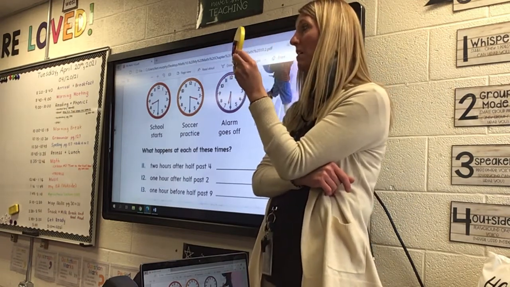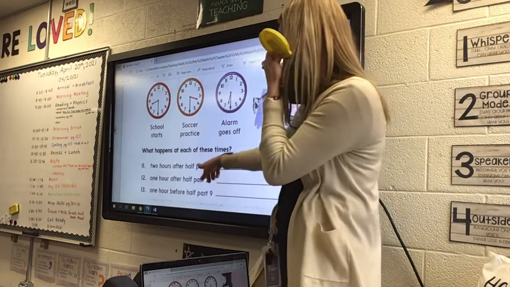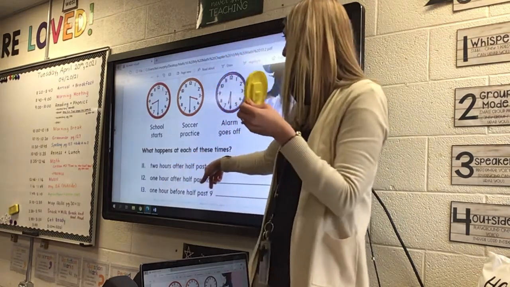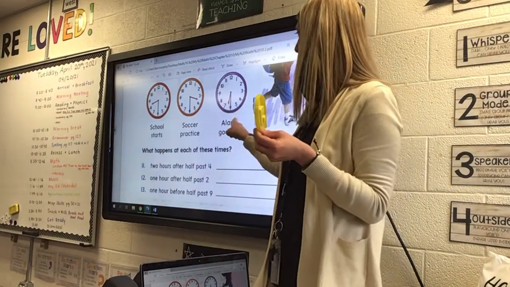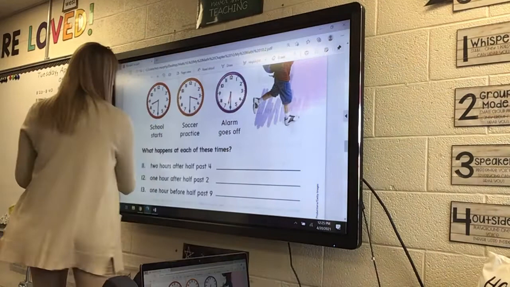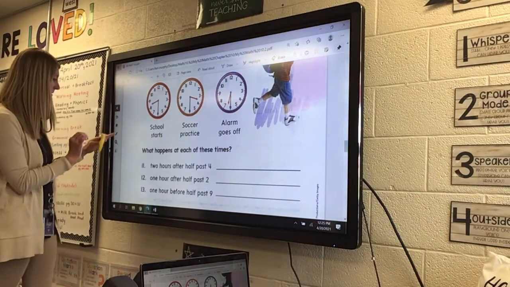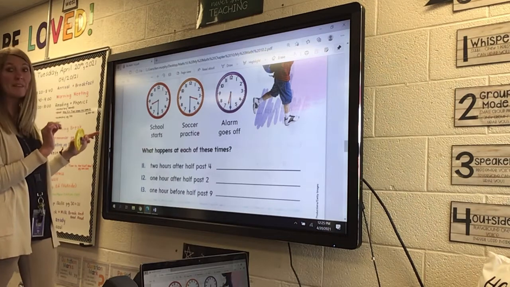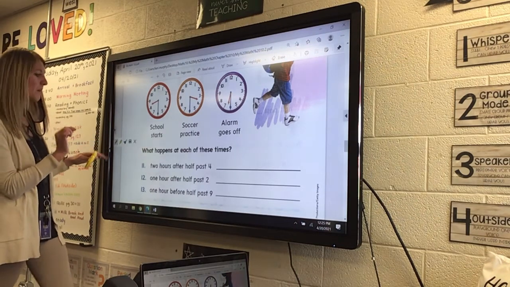Yep. And what time is that? You're right. 6:30. So the time 2 hours after 4:30 would be 6:30 when the alarm goes off. So on this line, we have to write alarm goes off. We just copy it. And if you want to write the time too, because Mrs. Murphy thought about writing the time, you can do that.